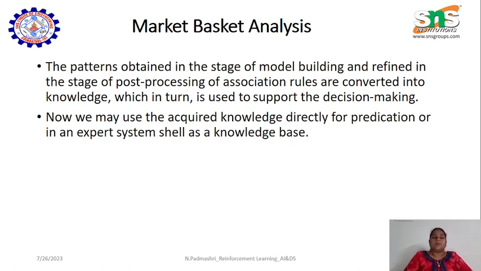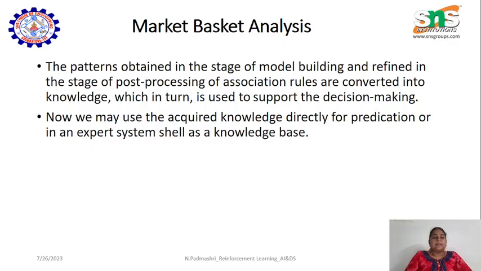Then the next process is post-processing, which is converting the knowledge, which in turn supports decision making. All acquired knowledge is directly used for the prediction or in an expert system shell as a knowledge base. So this is how the market basket analysis is working.